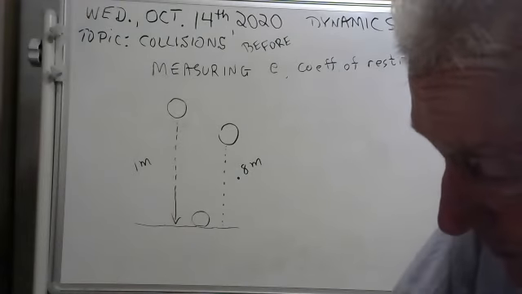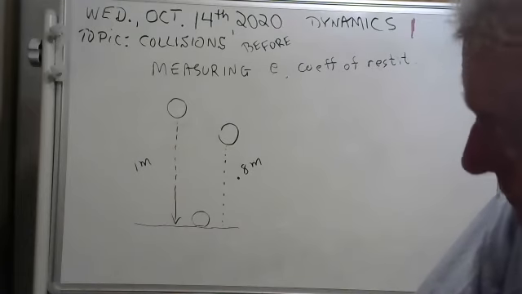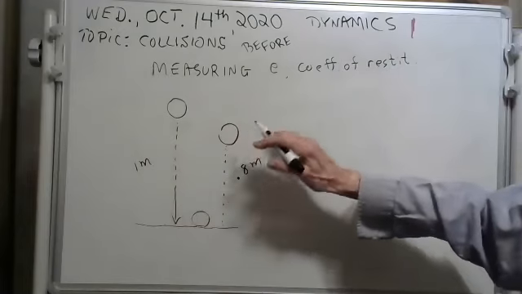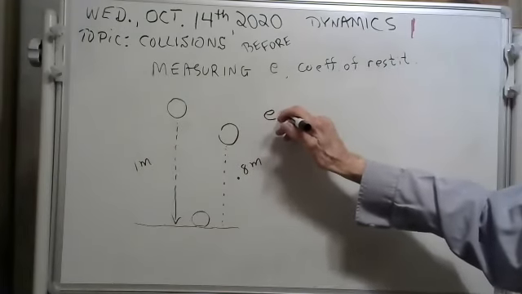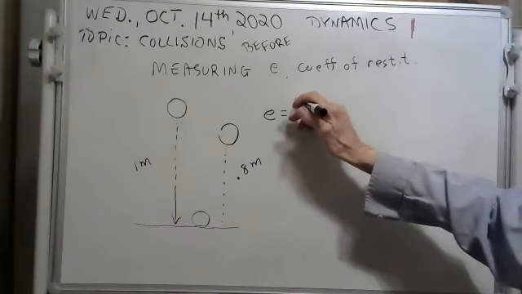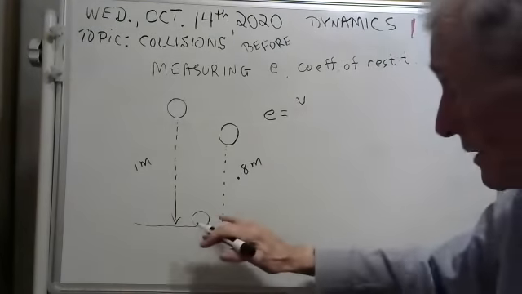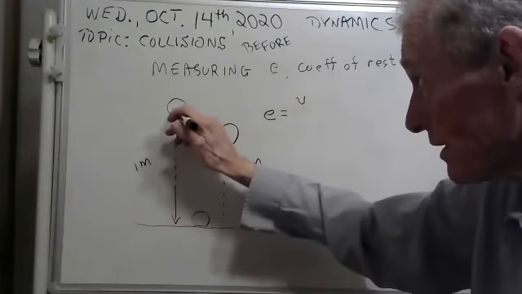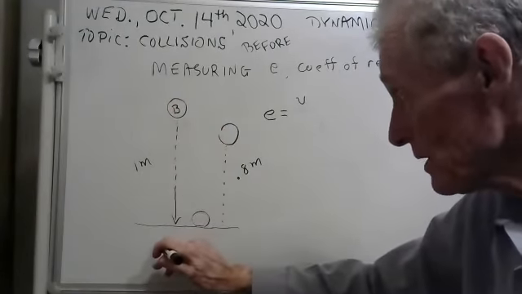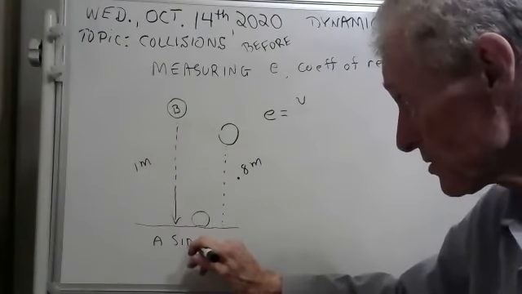We're going to find the coefficient of restitution of that tennis ball. I don't think the mass matters. It doesn't matter what the mass is of the tennis ball because the coefficient of restitution is, now you got 2 bodies here you got to understand. We'll call body B the tennis ball and body A the sidewalk.